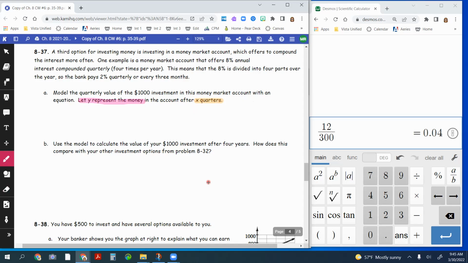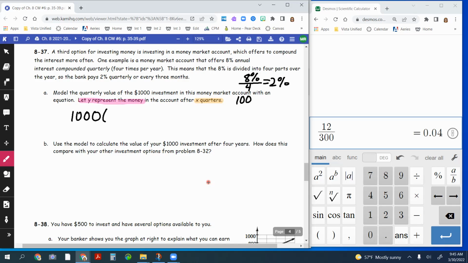Okay. So in this case, when we are doing this problem, we have $1,000. And again, what they did was they took 8%, splitting it into 4 equal pieces, which is 2%.